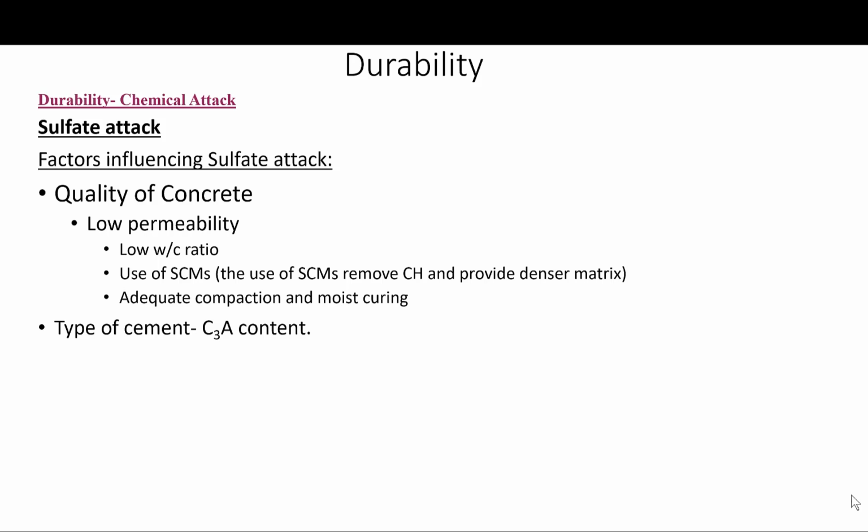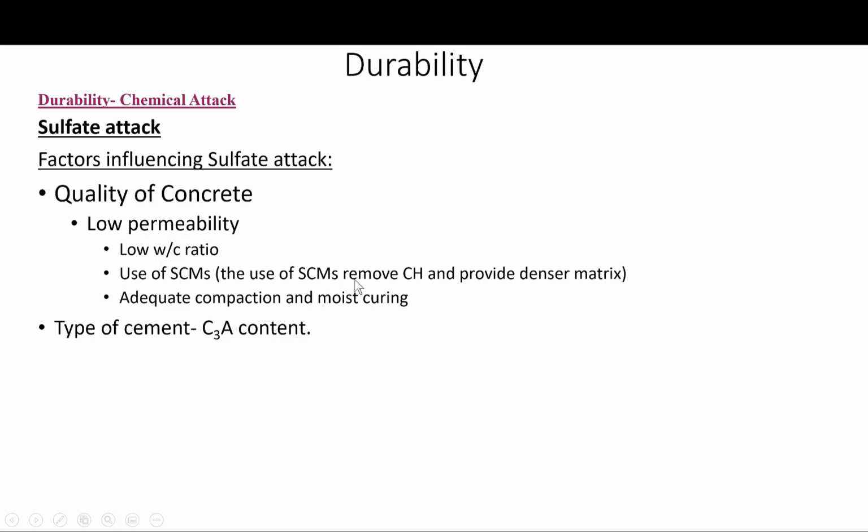Okay, so let's look at the factors that influence the sulfate attack. Of course, as one would expect, the quality of concrete. The low permeability is key, and low permeability is achieved by low water cement ratio, as we have been talking about all along throughout the class. The use of SCMs, the supplementary cementitious materials, will play a double role here.